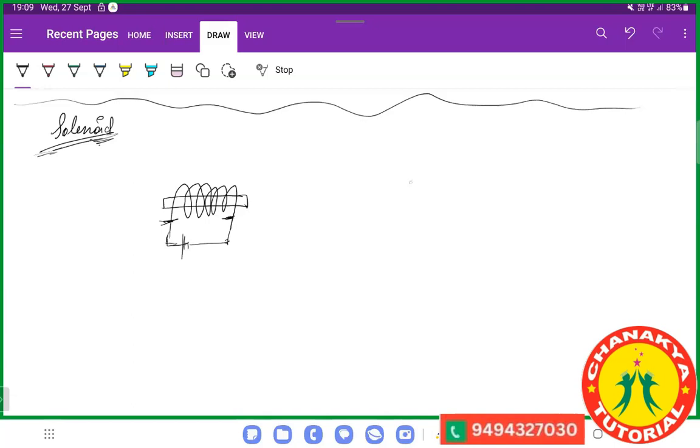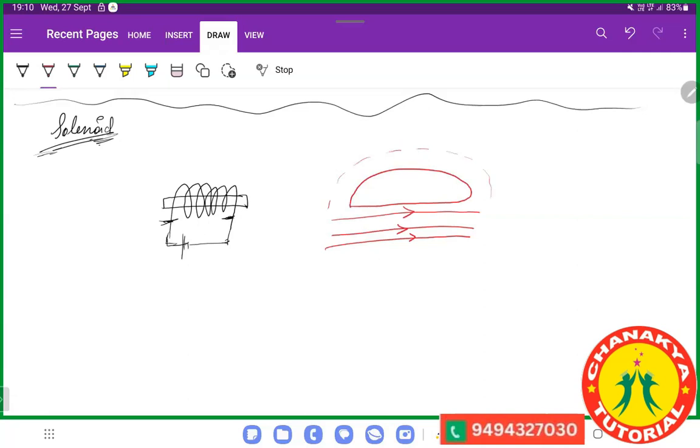Now if we see here, in this one, current flows from here and there. So let's take the movement of charge in this direction. There can be any number here also. Same way here.